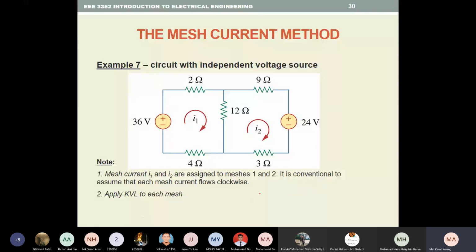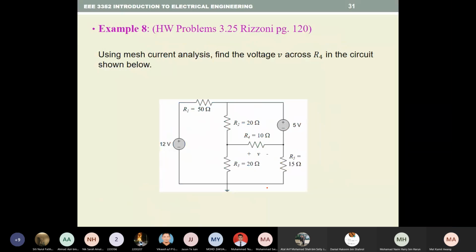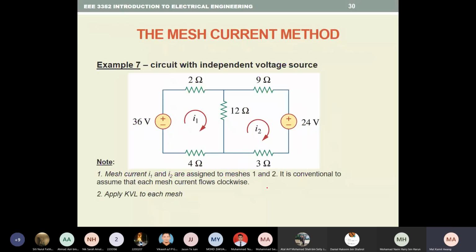So apply KVL to each mesh. Can you do this example? The first equation for I1: 36 volts minus I1 times 2 minus, in the bracket, I1 minus I2 times 12 minus I1 times 4 equal to 0.